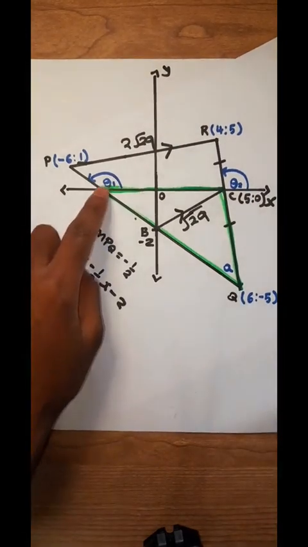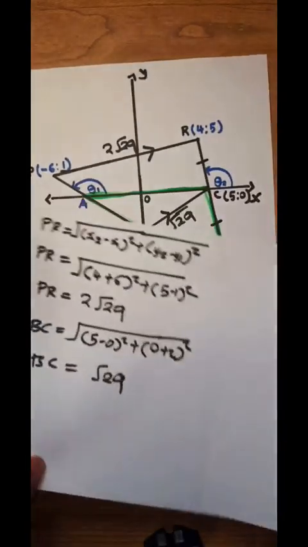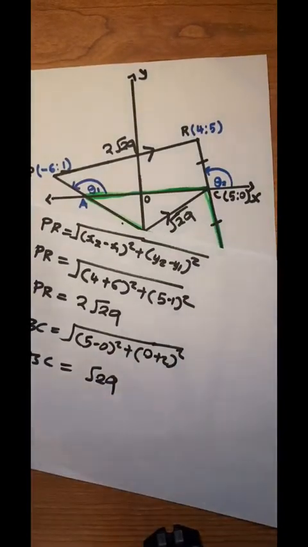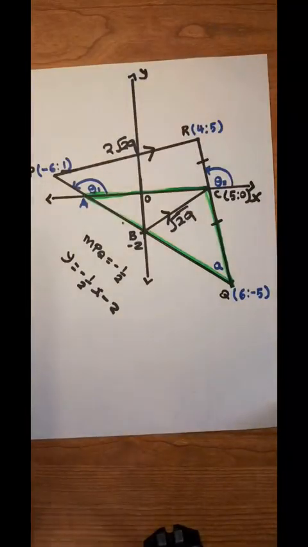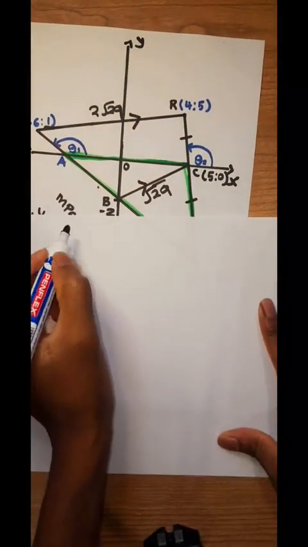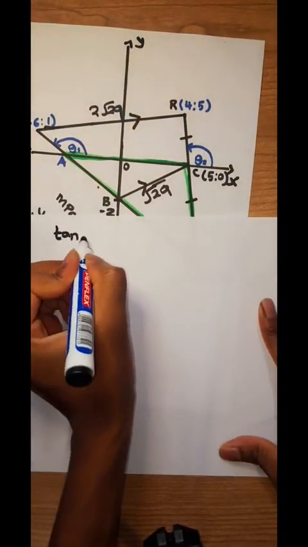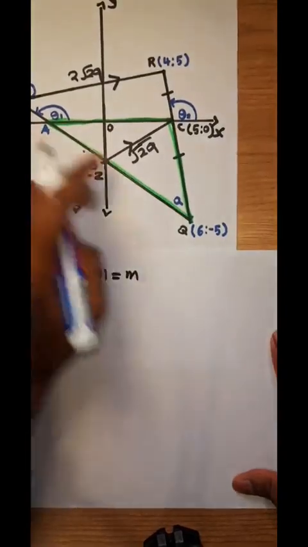Now, let's try to find theta 1. How can we find theta 1? Well, to find theta 1, I've run out of papers. Okay, I'm back. To find theta 1, the tan of theta 1 is going to equal the gradient of PQ.